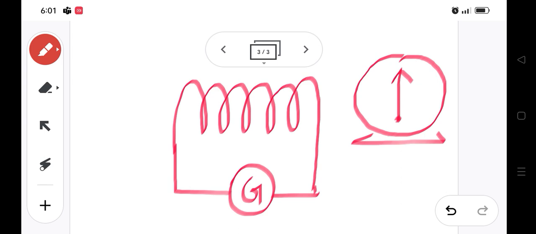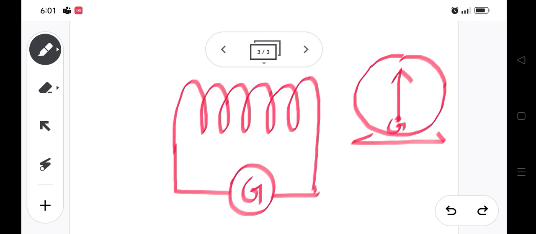Suppose the current is flowing in this direction, then the needle deflects in this way. Suppose the current flows in the other direction, it deflects in the opposite direction. So basically it is used to detect the presence of current. We connected the galvanometer to this solenoid.